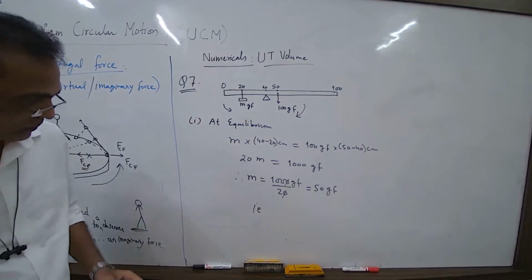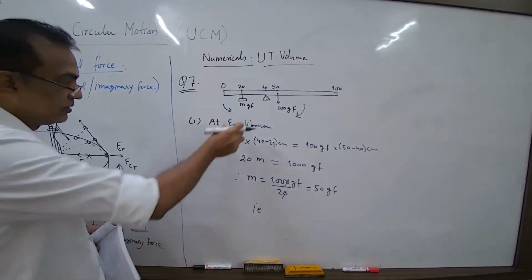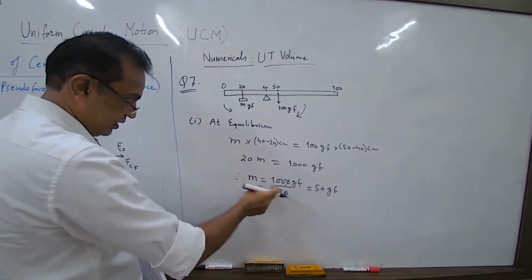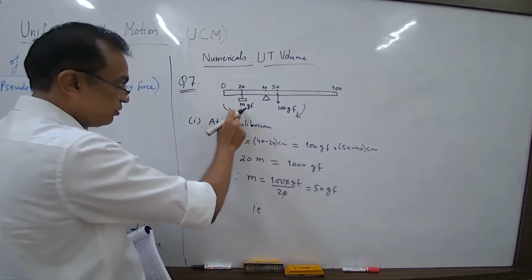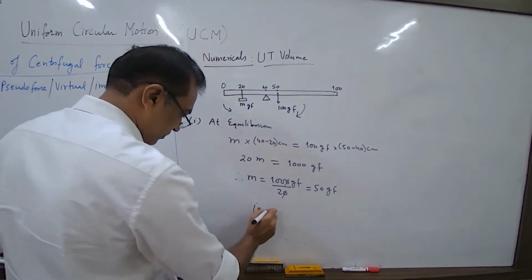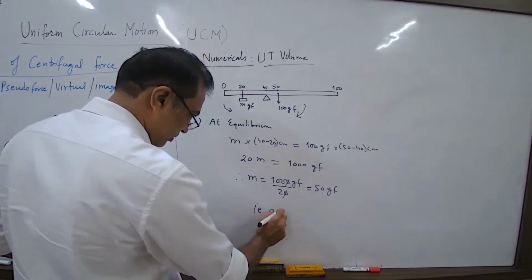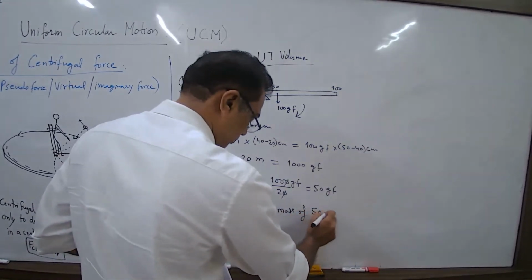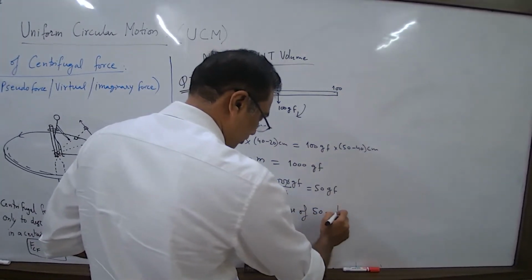This 50 gram force is basically the weight due to m. Therefore, the mass of 50 grams has to be hanged.